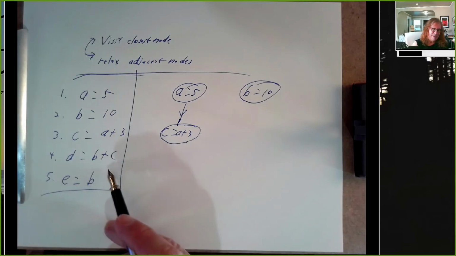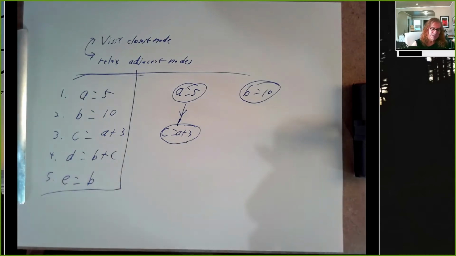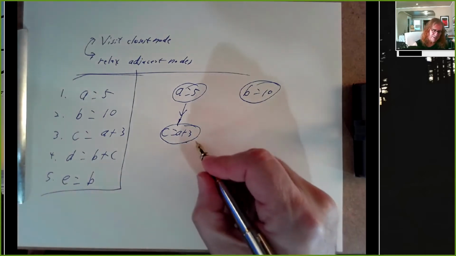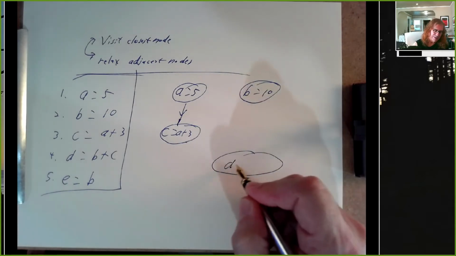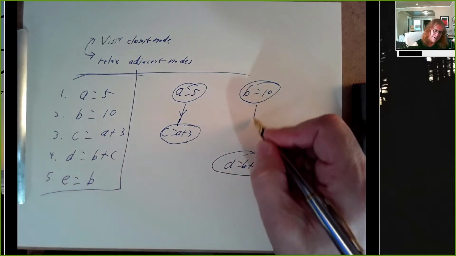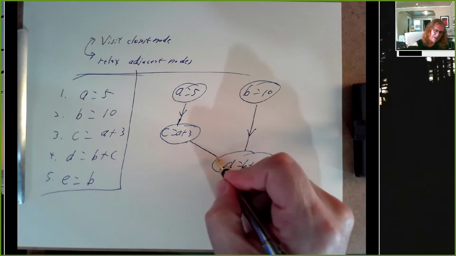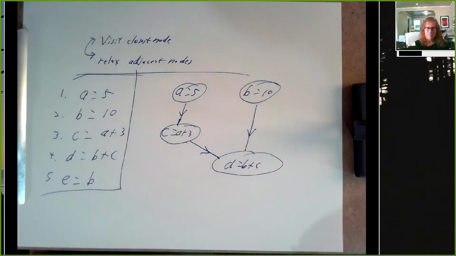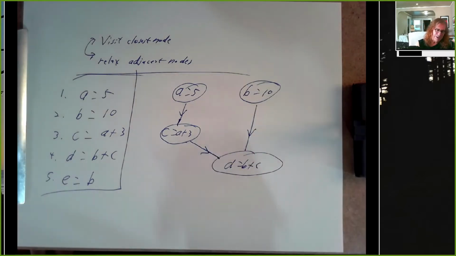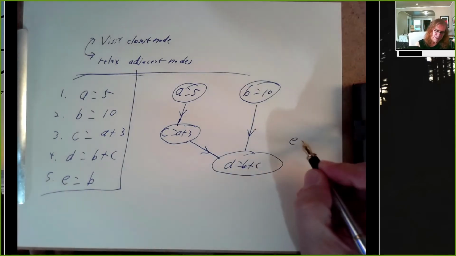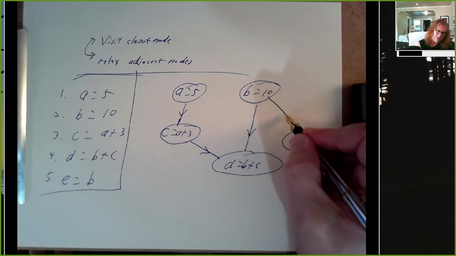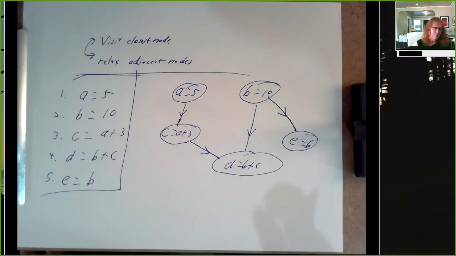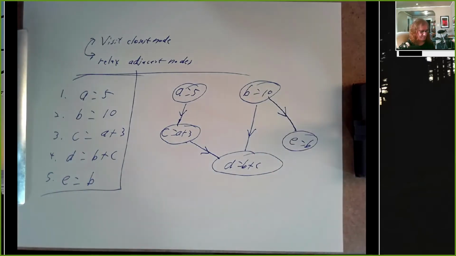All right, D equals B plus C. Well, that needs to know the current value of B and C, so that instruction has to look for 2 dependencies to be satisfied. That's these 2. And then E requires B to be finished, so E equals B. That's dependent on this instruction. So that would be a precedence graph.